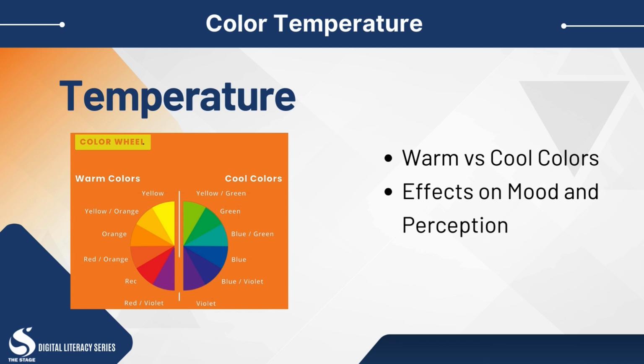As you see by a diagram, the warmer colors are more to the left, thus usually dealing with our yellows, our oranges, and our reds, and even our red violet. Our cooler colors are that violet to blue and the blue to green, and then the green to a yellow green. So those are more of our cooler colors.